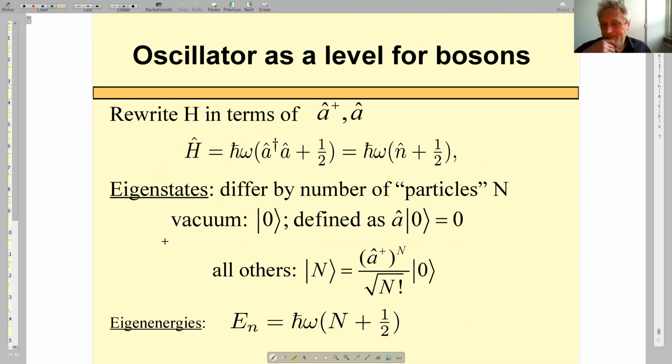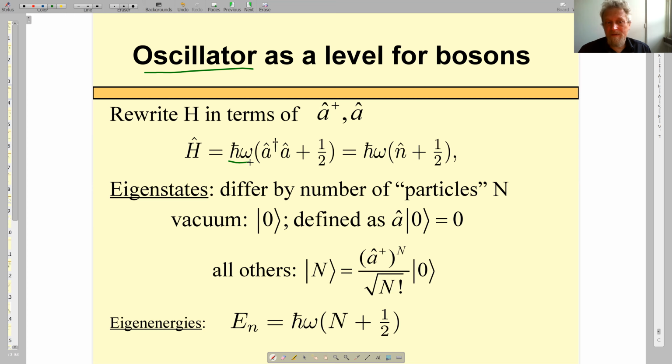So we can get to a description of oscillator in terms of particles. So an oscillator with a given frequency, h omega, might be seen as a level for bosonic particles.